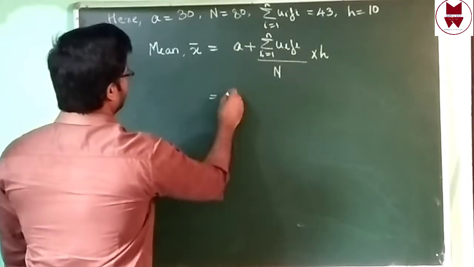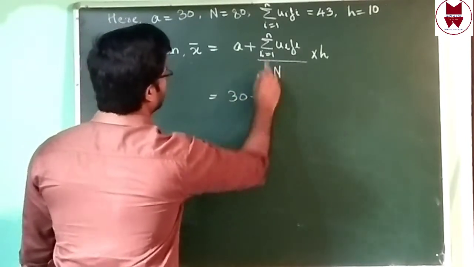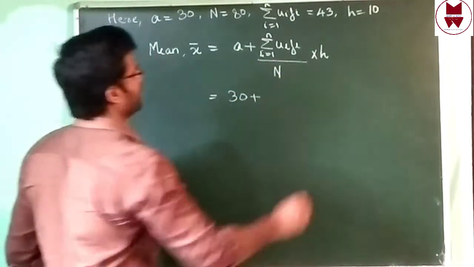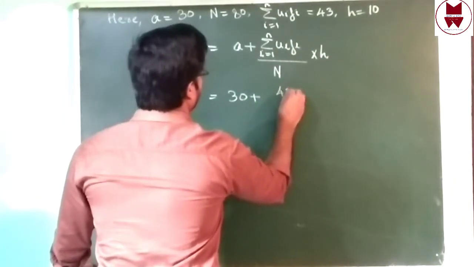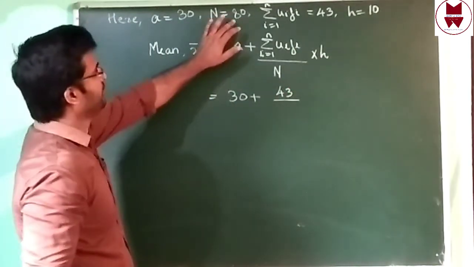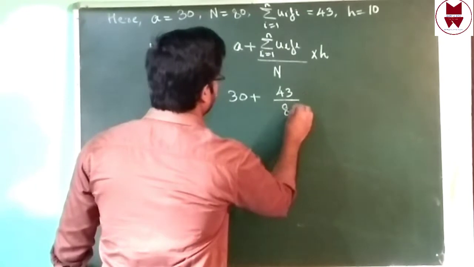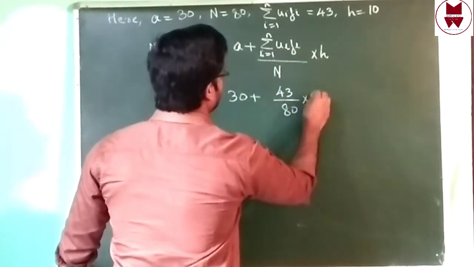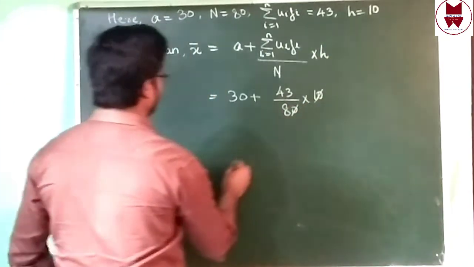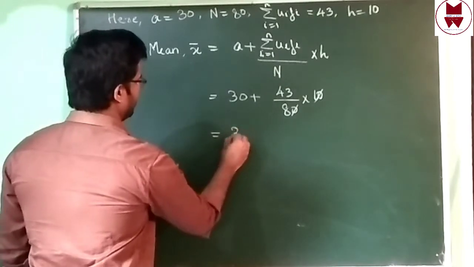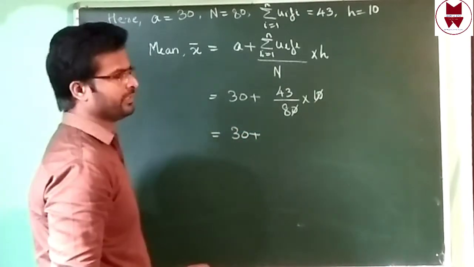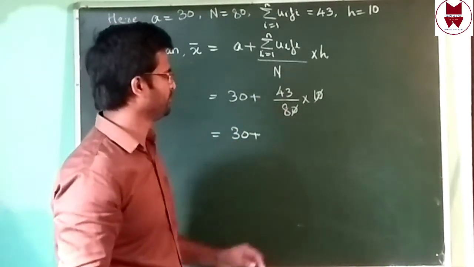A we can write, that is 30, plus the sum of ui fi is 43, divided by n, n is 80, into h is 10. 0 and 0 cancel. Then 30 plus, we can divide 43 by 8.